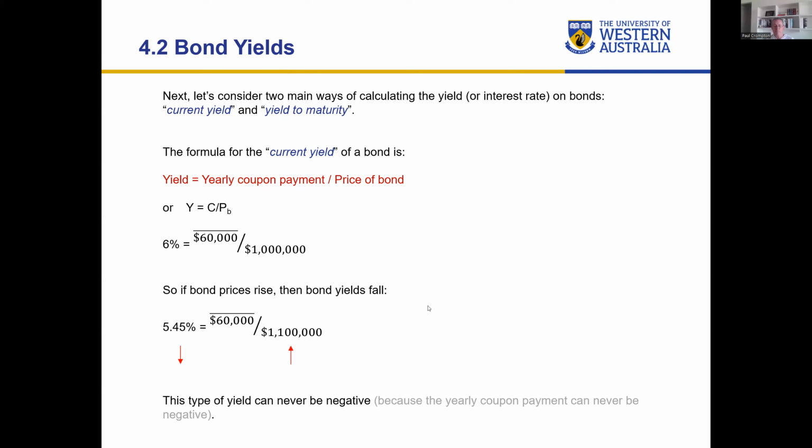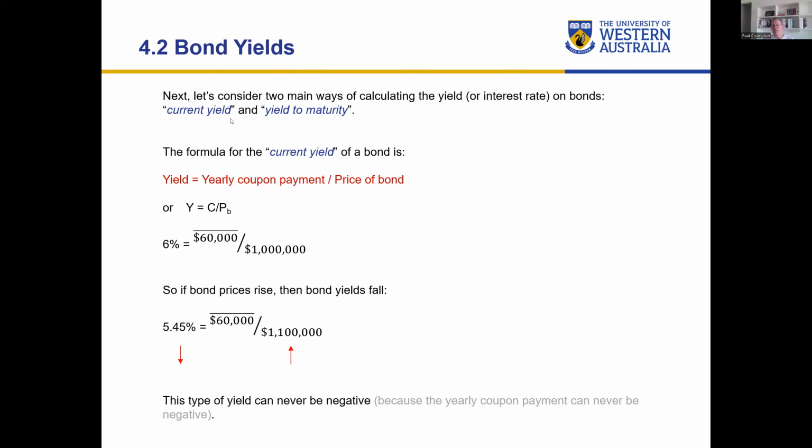Now, some of you may have heard about interest rates becoming negative recently. Now, yields, which are very similar to interest rates, yields on these bonds can become negative, but only if you measure the yield using the term to maturity measure.